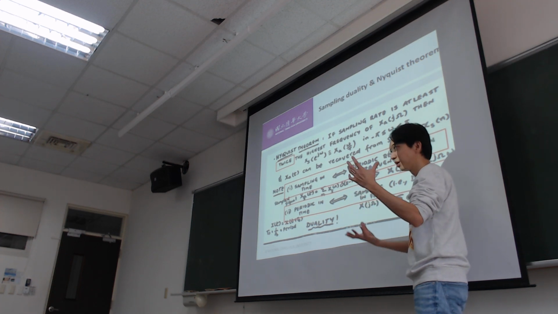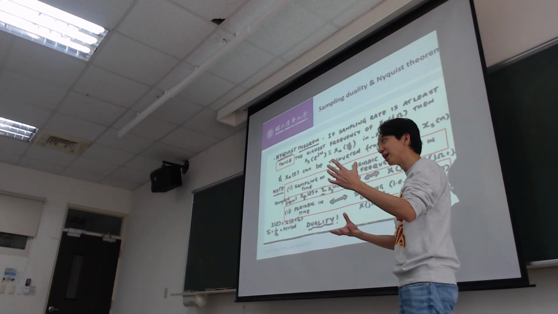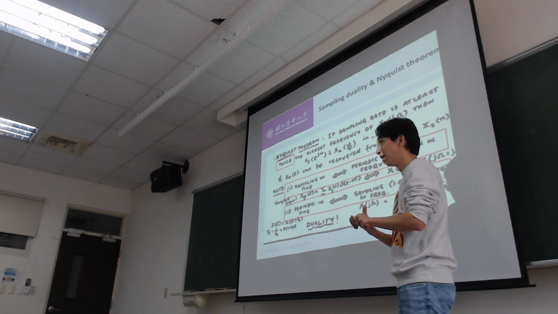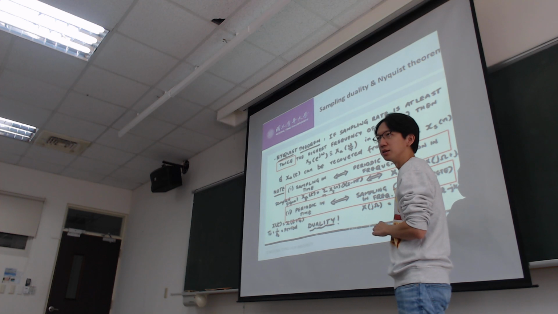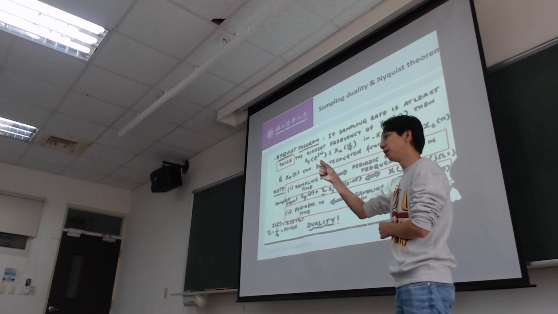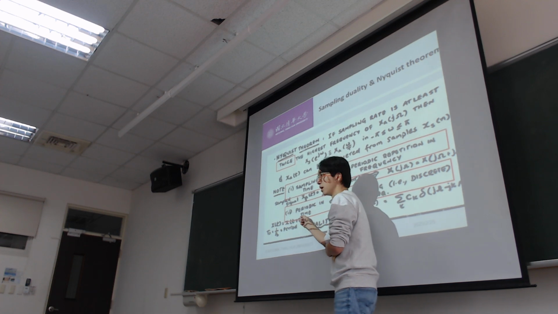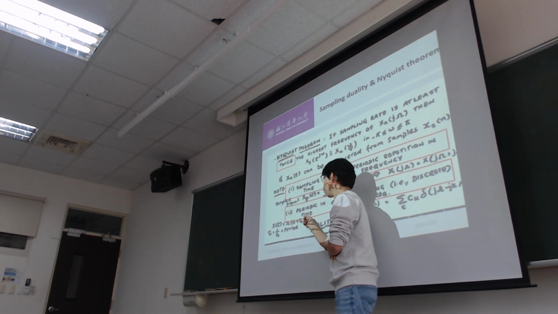You're not recording a continuous frequency spectrum, you're recording a discrete set of frequencies and their coefficients. So essentially you're doing sampling in frequency, and that creates a periodicity in the time domain.